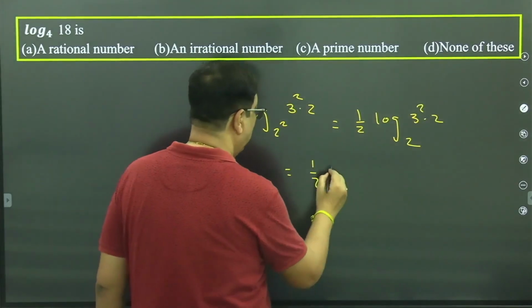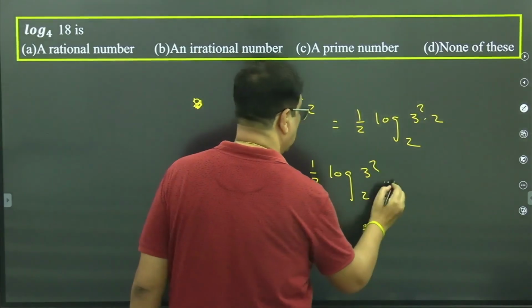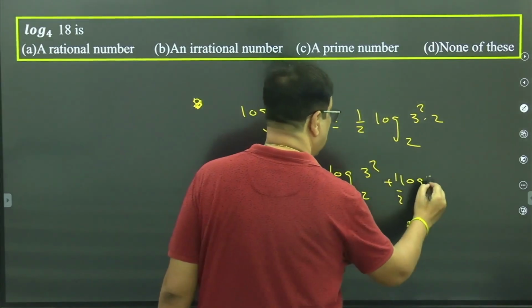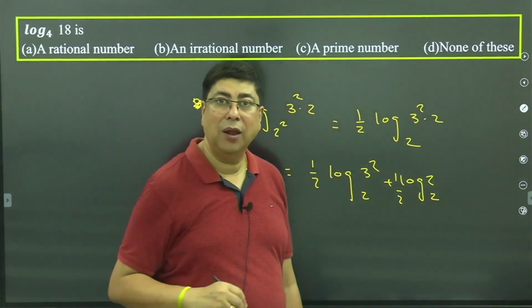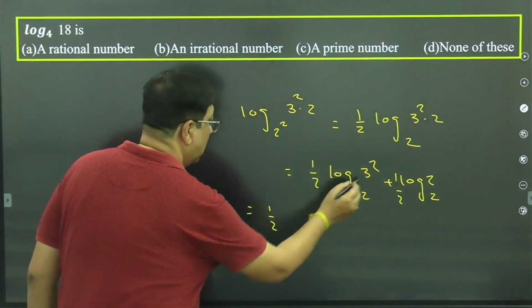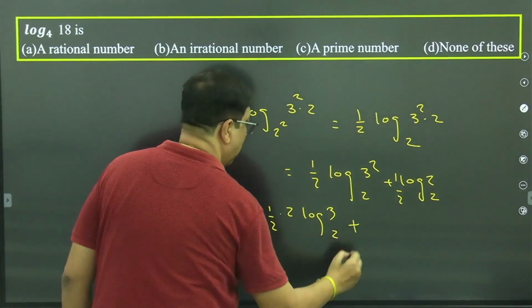So half log 3 square base 2 plus log 2 base 2, half will go common. Log a base a is 1. And here half times 2 is coming out, log 3 base 2 plus half.